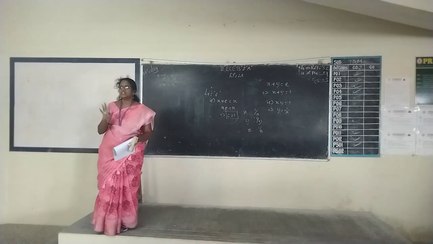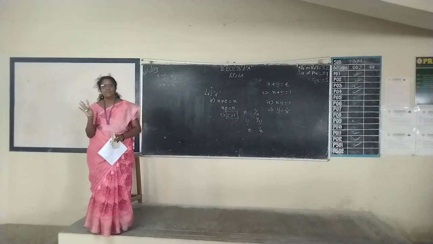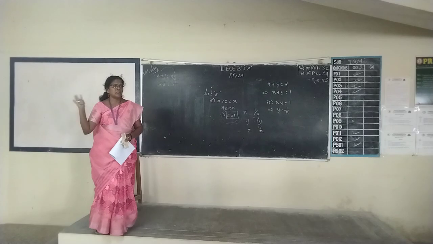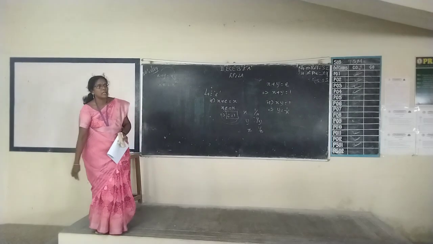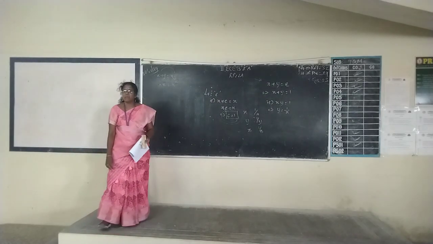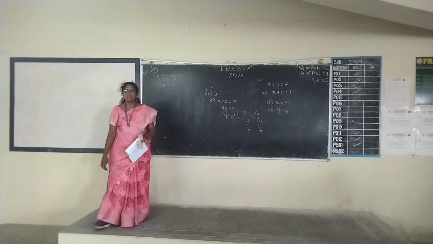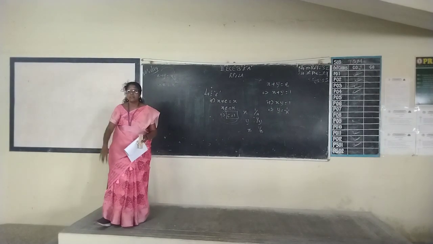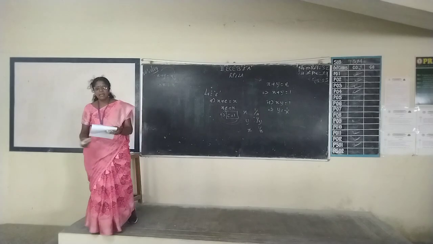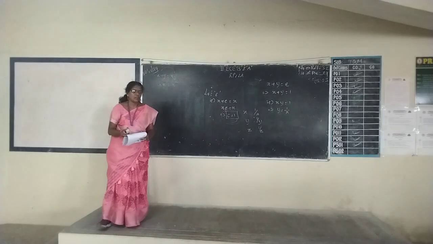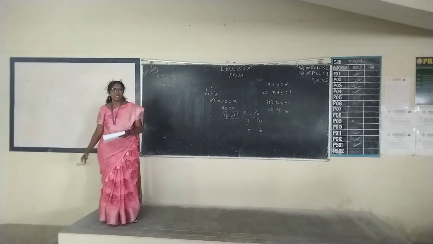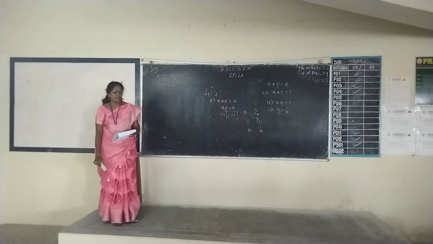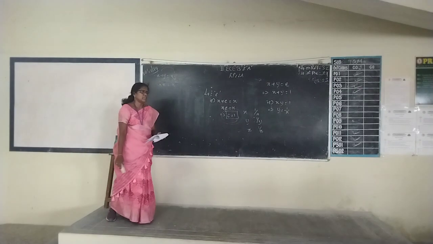Whether all 4 conditions are satisfied or not under addition? Yes. So 50% is satisfied. What is the next one you have to check? Under multiplication. How many conditions? 4. Again, all 4 conditions should be satisfied. So, subtopic: under multiplication.